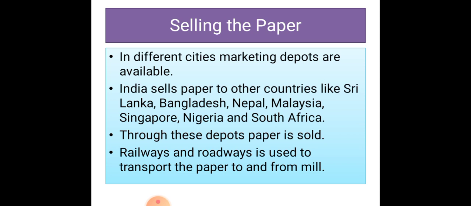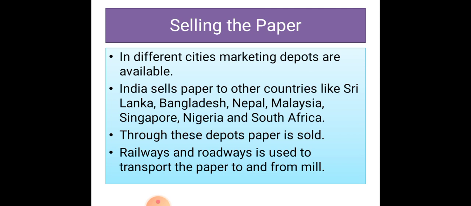That means they have kept their depots in different cities in order to sell. Now, from India, we also export paper to other countries like Sri Lanka, Bangladesh, Nepal, Malaysia, Singapore, Nigeria, and South Africa. These are the basic countries to which paper gets exported from India.